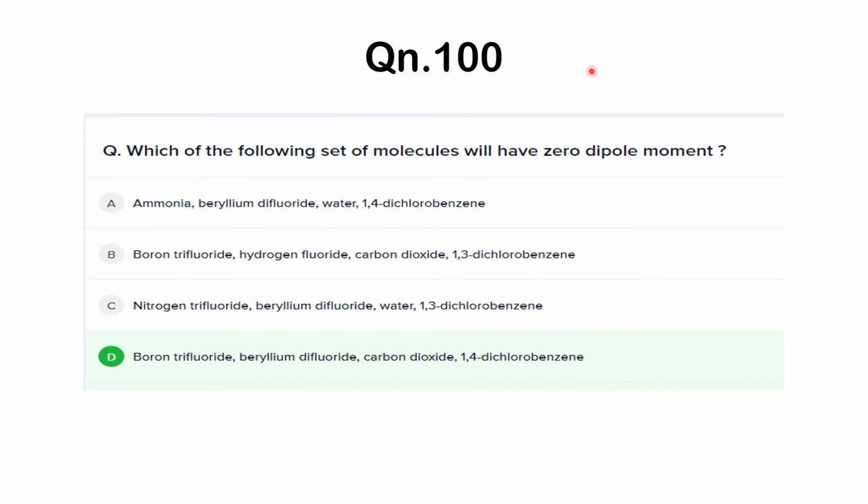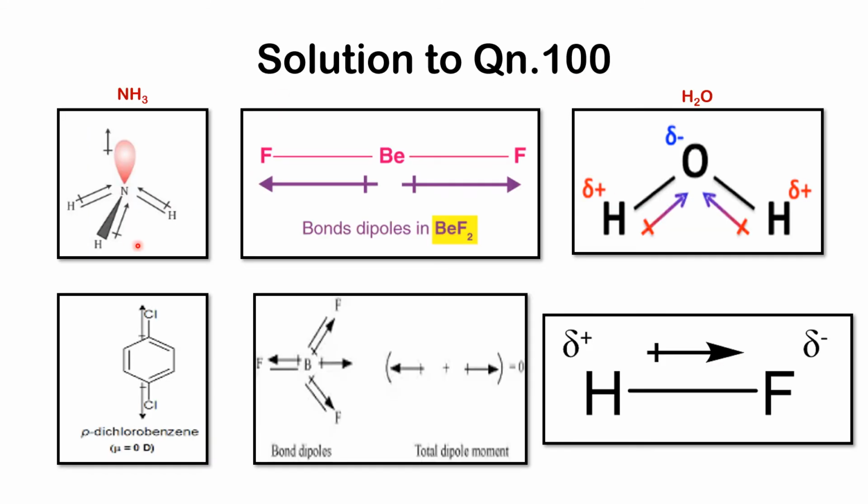அடுத்த question போலாம். Question number 100. Which of the following set of molecules will have zero dipole moment? So the answer is option D. Solution. Ammonia molecule பார்க்கலாம். At the center nitrogen இருக்கு. Surrounded by 3 hydrogen. மேல ஒரு lone pair of electrons.